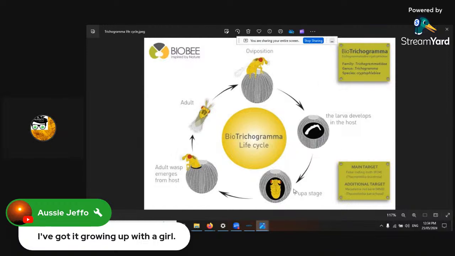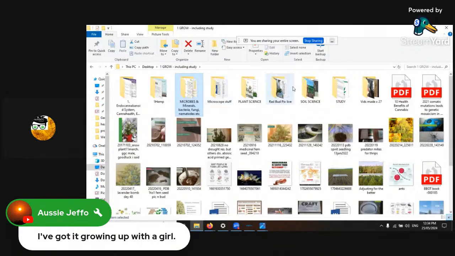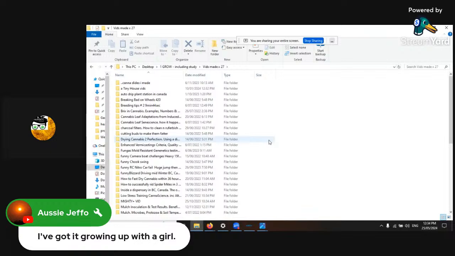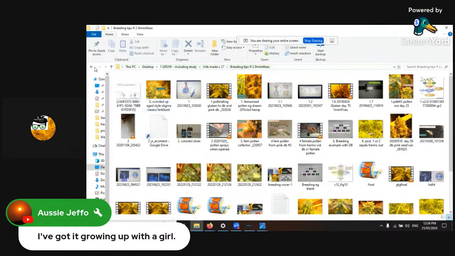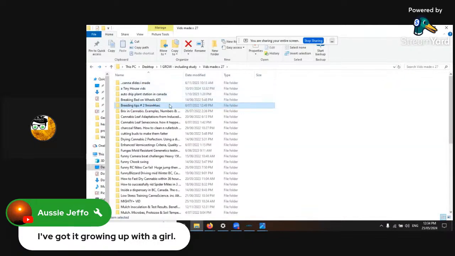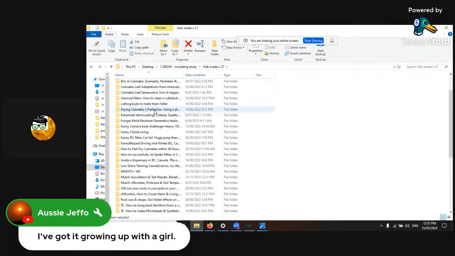bacteria. Where's that chart actually? While I've got you here. It's in videos to make. Bacteria. Breeding tips. Might be in here. Put the chart in here. No. It'd be fungus resistant genetics, is in that one. Trimming roots, no stress. Maybe that one, I'll have a look.